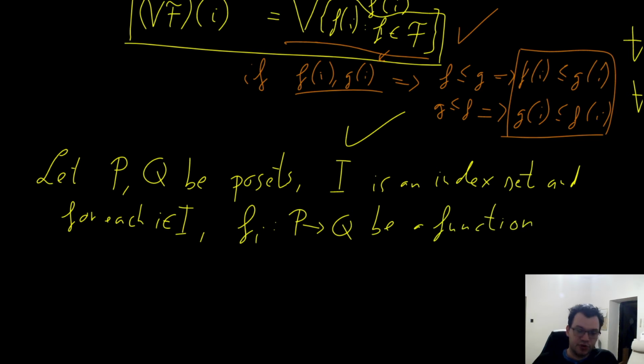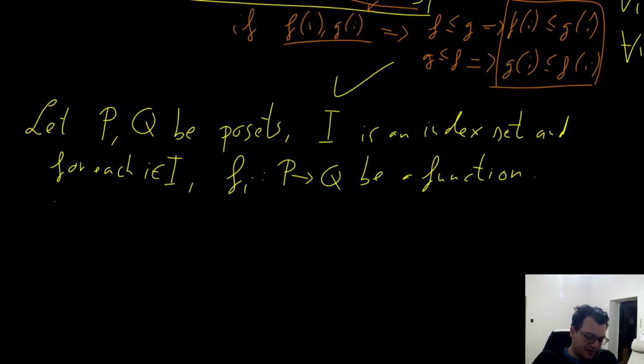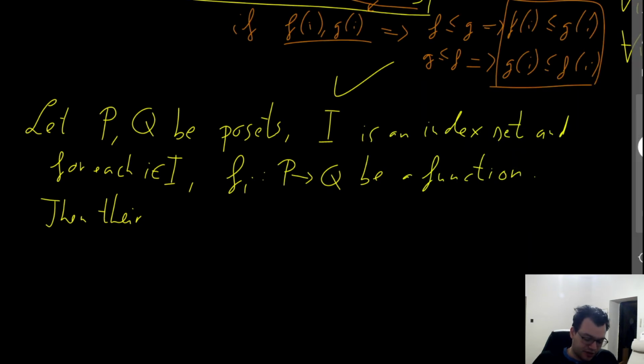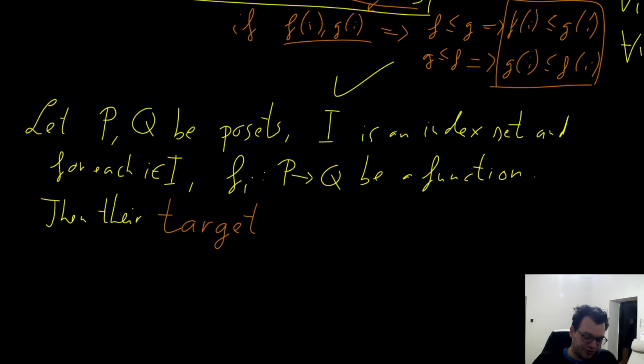So I took a bunch of functions having the same type of input and the same type of output. Then their target tupling, I will just write this in a separate color with a more readable font.